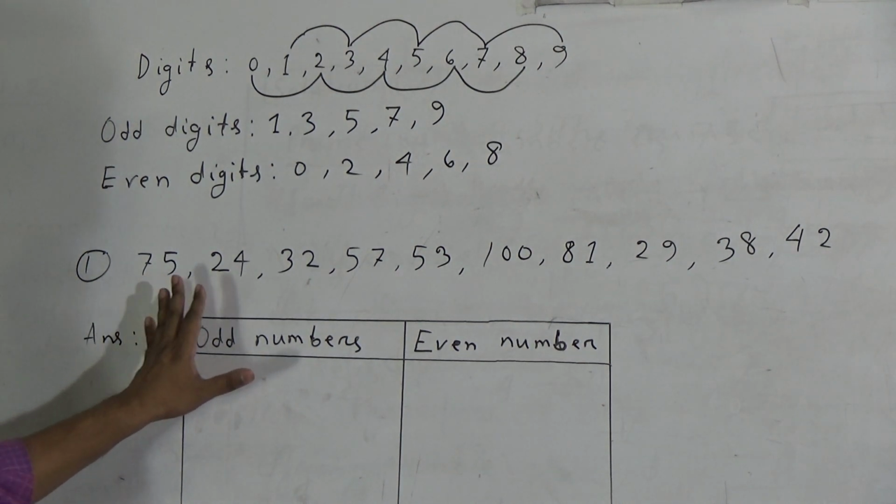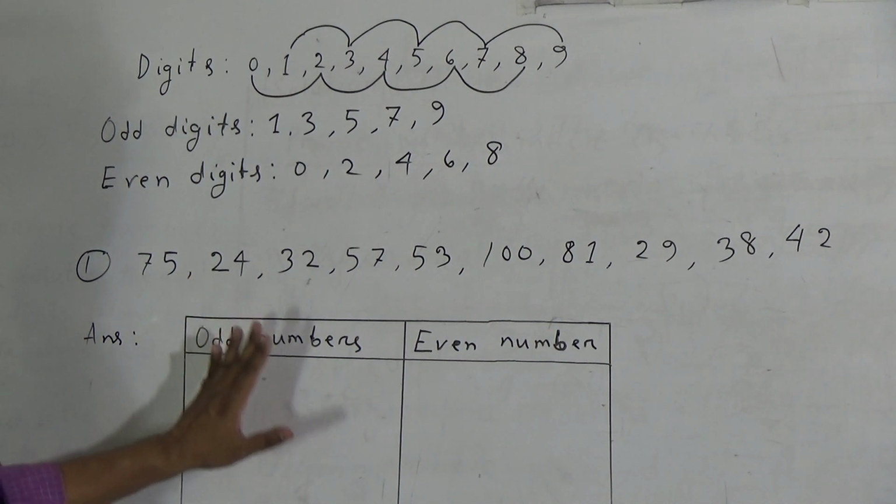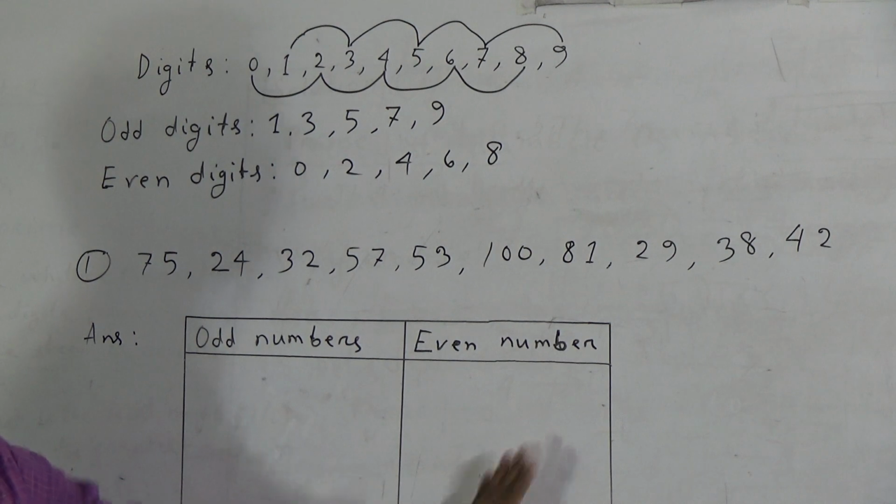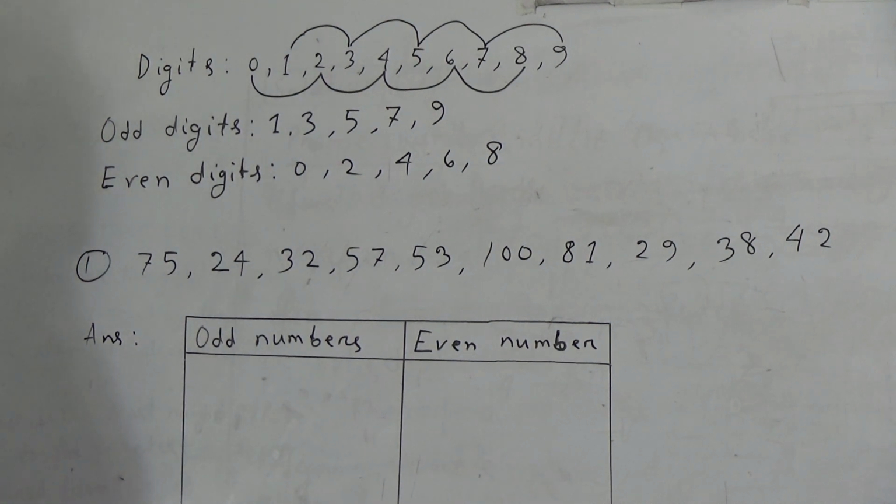Now we'll separate the numbers. We'll write odd numbers in this box and even numbers in this box. The number whose ones place digit is an odd digit will be an odd number. If the number's ones place digit is an even digit, then the number will be an even number.